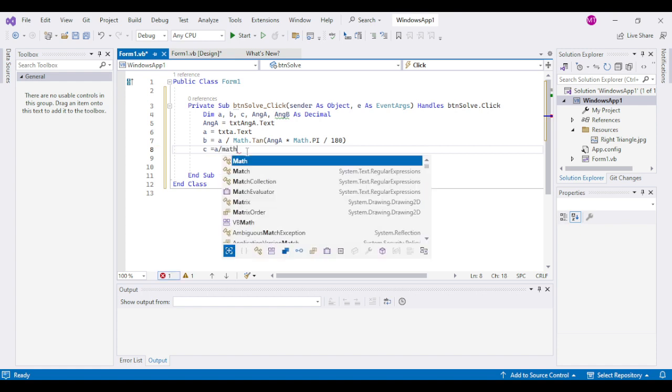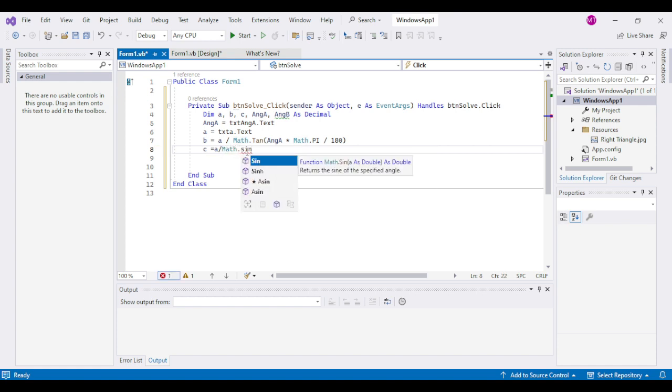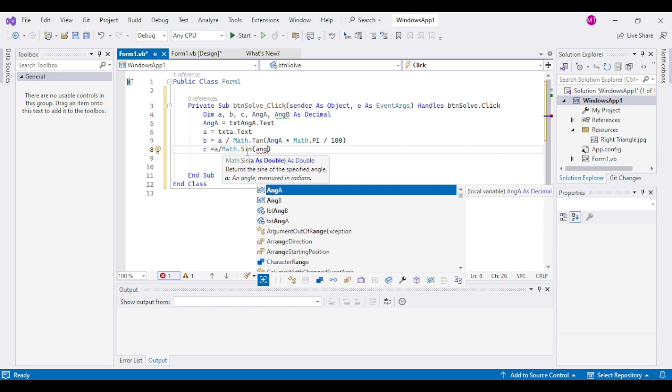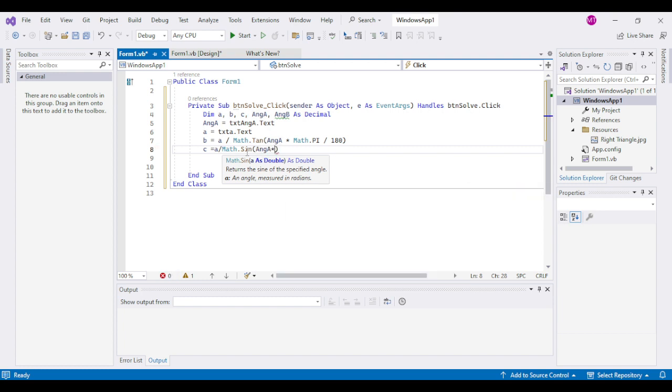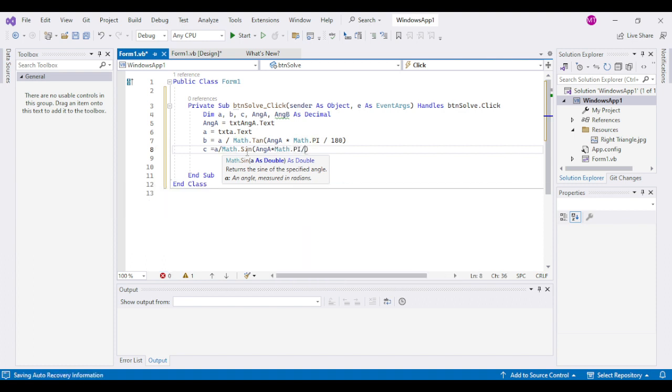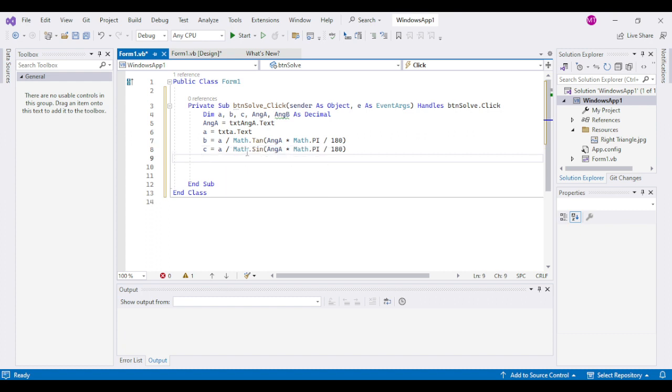So we'll use Math.Sin, open parenthesis. Again, the angle is in degrees, so we have to convert it. Ang A multiply by Math.PI over 180. So there's our C.